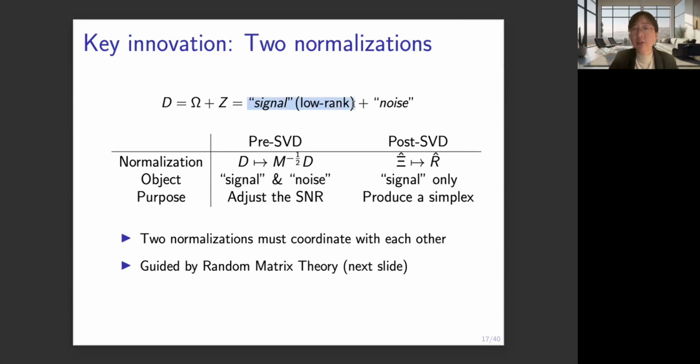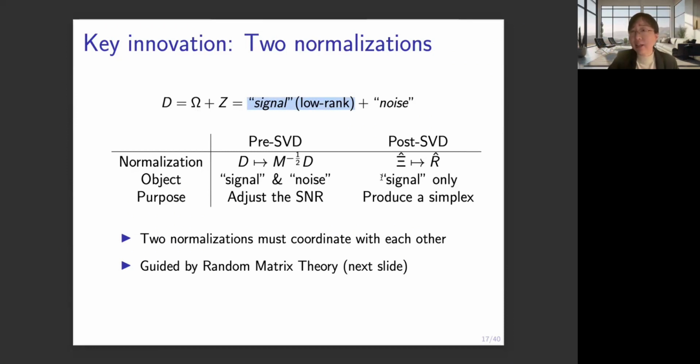The signal part is just the population or the frequency matrix. It admits a low rank structure under the topic model. So when I do pre-SVD normalization, I normalize the whole matrix D. Both the signal and the noise parts get normalized. So this can partially adjust the signal to noise ratio in SVD.